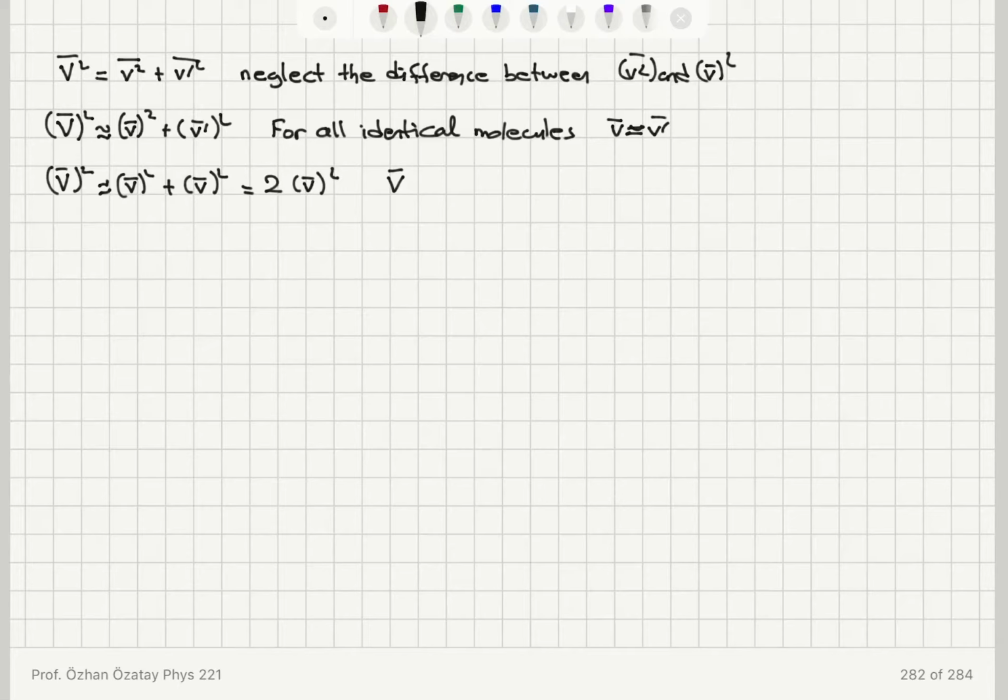Therefore the mean relative speed capital V bar is square root 2 times the mean speed of the molecules v bar. So we conclude that the mean free path should be equal to, or can be estimated as, 1 over square root 2 n sigma.